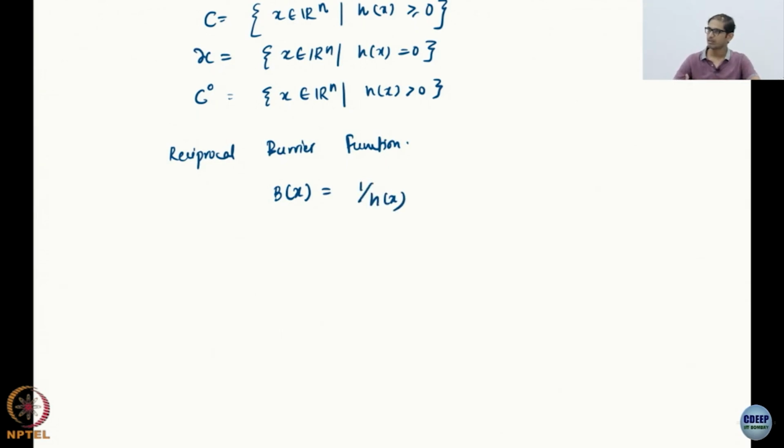This is how we have been using it. It is like 1 over 25 minus x1 square or 1 over 9 minus x2 square. Okay, this is how we have been doing it. And the condition we imposed was that B dot is less than equal to 0. Okay, this is the condition we were imposing.